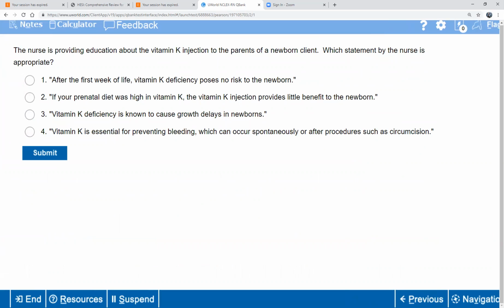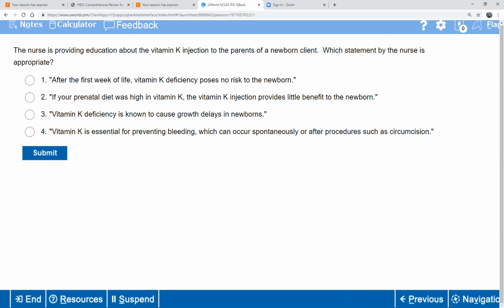A nurse is providing education about the vitamin K injection to the parent of a newborn client. Which statement by the nurse is appropriate? So in this one, we're looking for a good one. After the first week of life, vitamin K deficiency poses no risk to the newborn. If your prenatal diet was high in vitamin K, the vitamin K injection provides little benefit to the newborn.